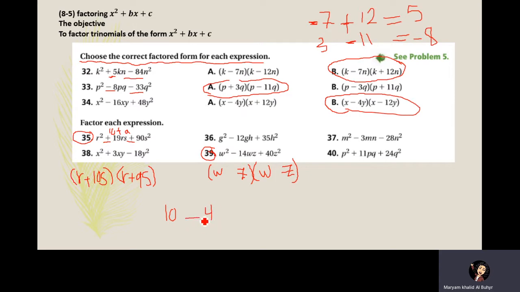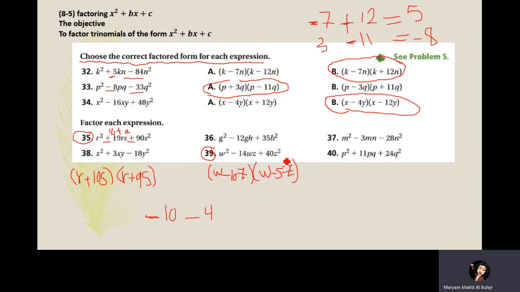But if you subtract them, you won't get the answer. But if you put both of them negative, you will get it. Once you multiply them, you will get positive 40, and once you add them, you will get negative 14, which is negative 10, negative 4.